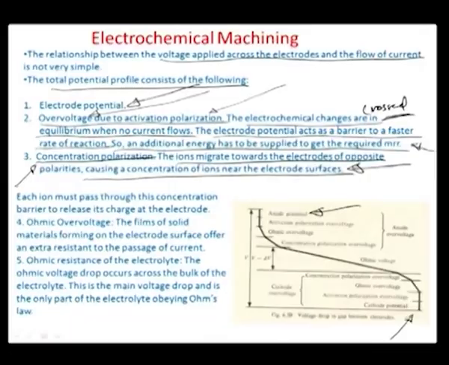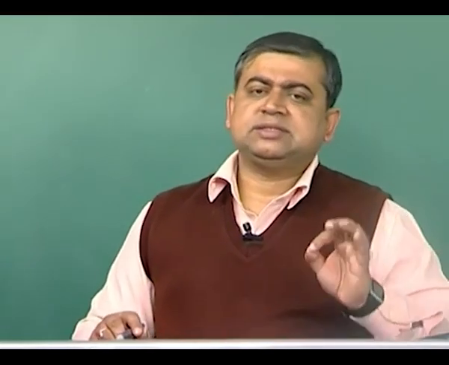So, you have an over voltage due to activation polarization, you have a concentration polarization over voltage which you are contributing to the overall design voltage that you are applying, and then of course, you have ohmic over voltage, which is because of the formation of thin films of solid materials. As you know, an electrochemical process sometimes deposits a very small layer of metal very close to the electrode.